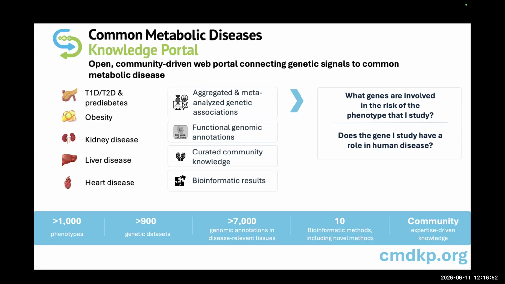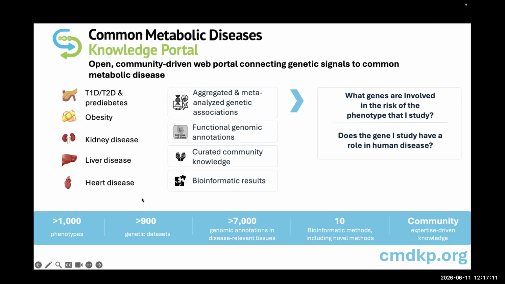We couple these with various bioinformatic tools and methods that we run across the data, as well as curated community knowledge, to allow our users to ask these questions. What genes are involved in the risk of the phenotype that I study? And does the gene that I study have a role in human disease?